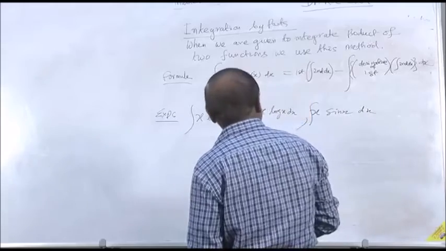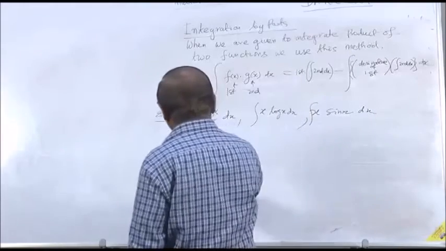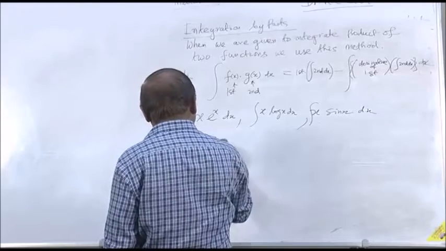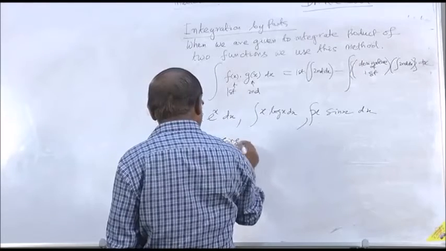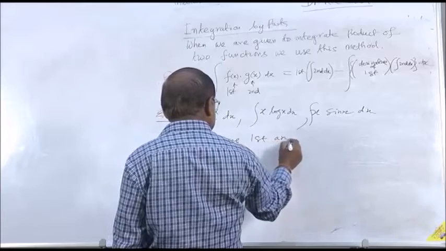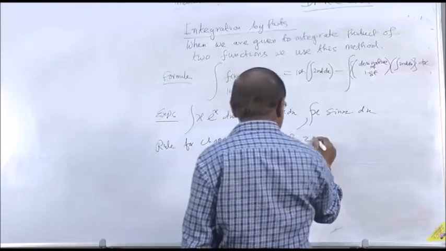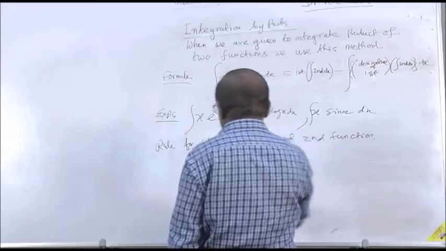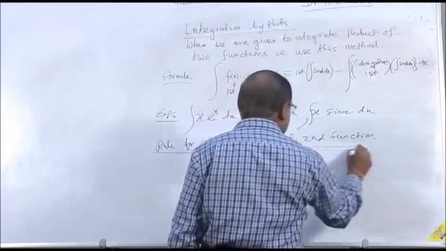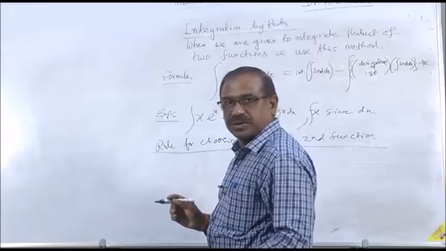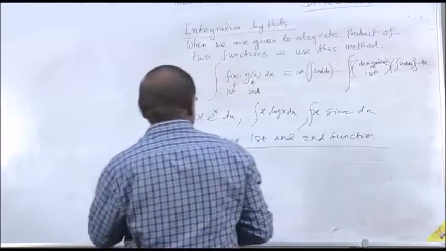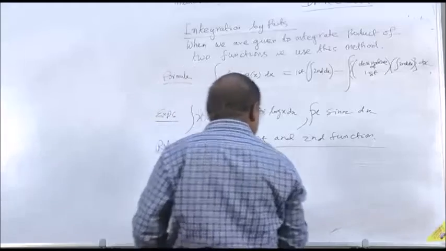These are the examples. But there is a rule for choosing the first and second function. You see how you will choose, because there is a very good rule.